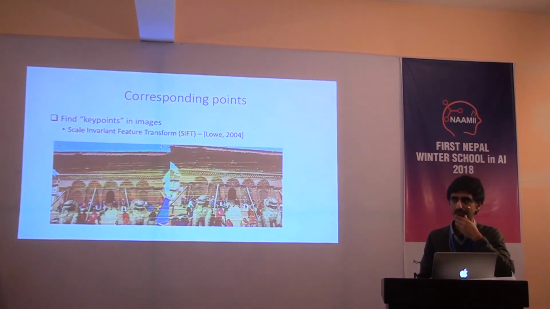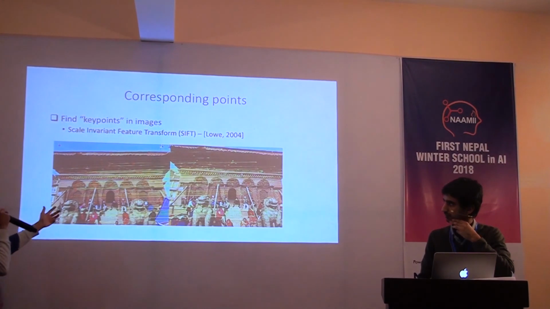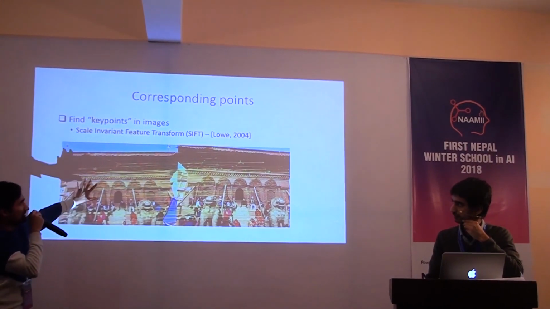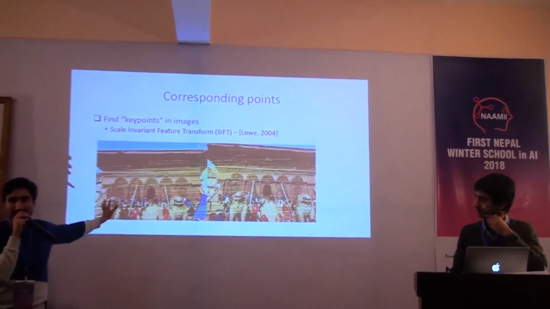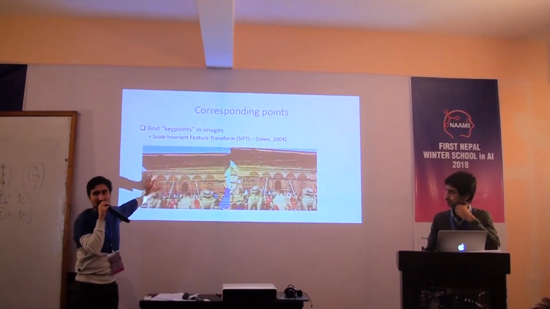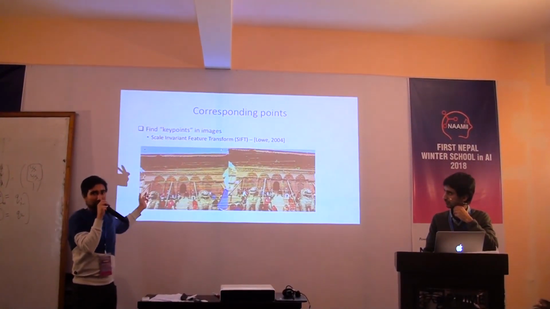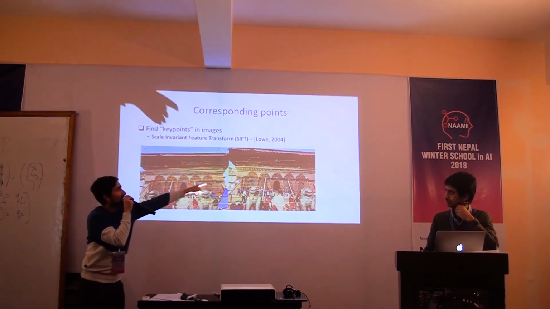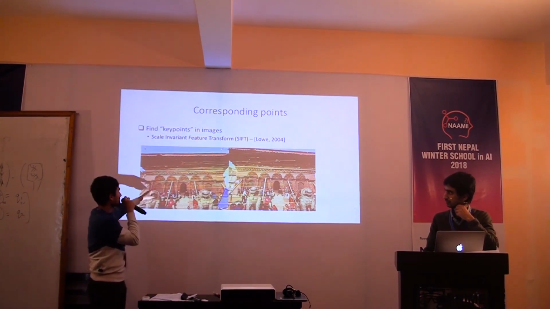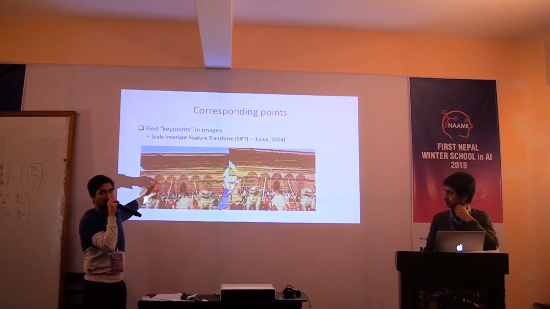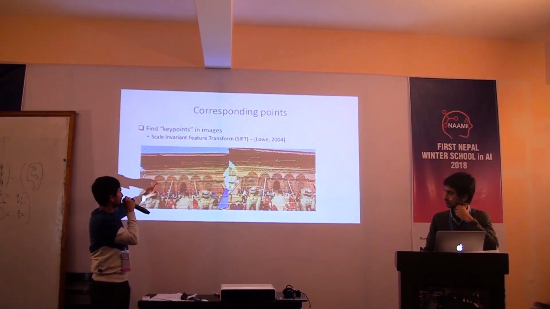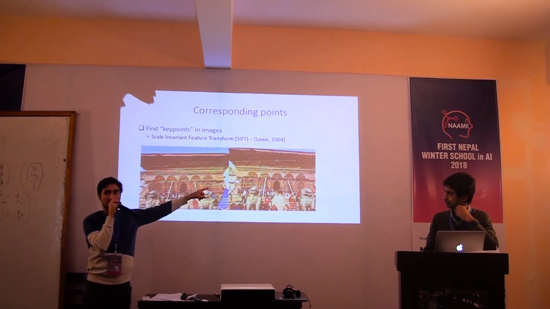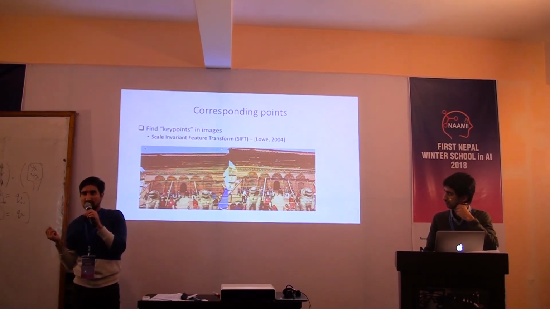But what would have happened if we just took the distance between pixel values? There is an intensity value at each location. What if we take the distance of this pixel value against all of those, to find the corresponding point? Would it make sense? No. Why?